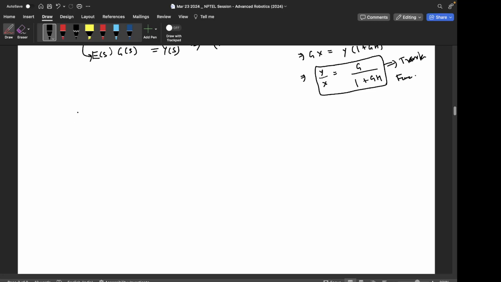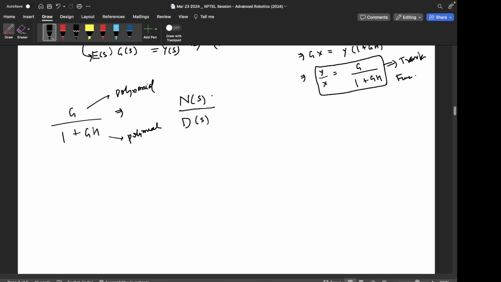So this G by 1 plus GH is a polynomial of some degree. This is a polynomial, so let's write it as some function of s and some function of s. This is the numerator, this is the denominator, right?